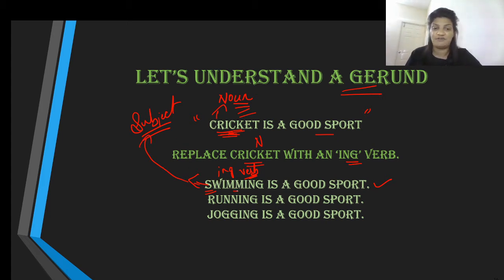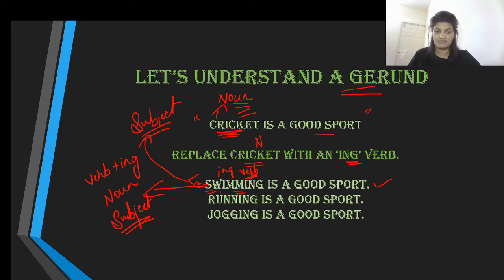It is doing the work of a noun. Therefore, here, even though it is a verb ending with ing, it is functioning like a noun and the subject of the statement. Because of this factor, we call this a gerund. So what is a gerund? Gerund is an ing verb which functions like a noun in a statement.